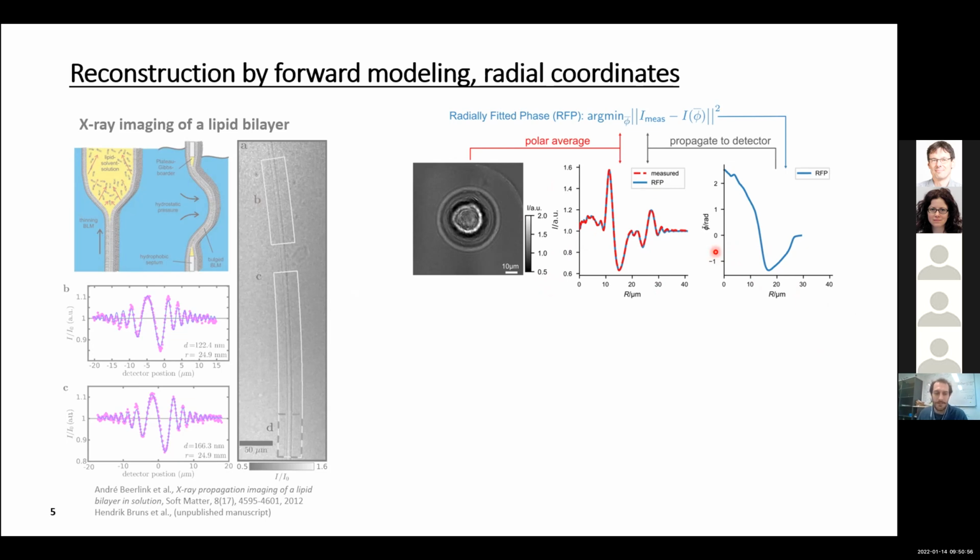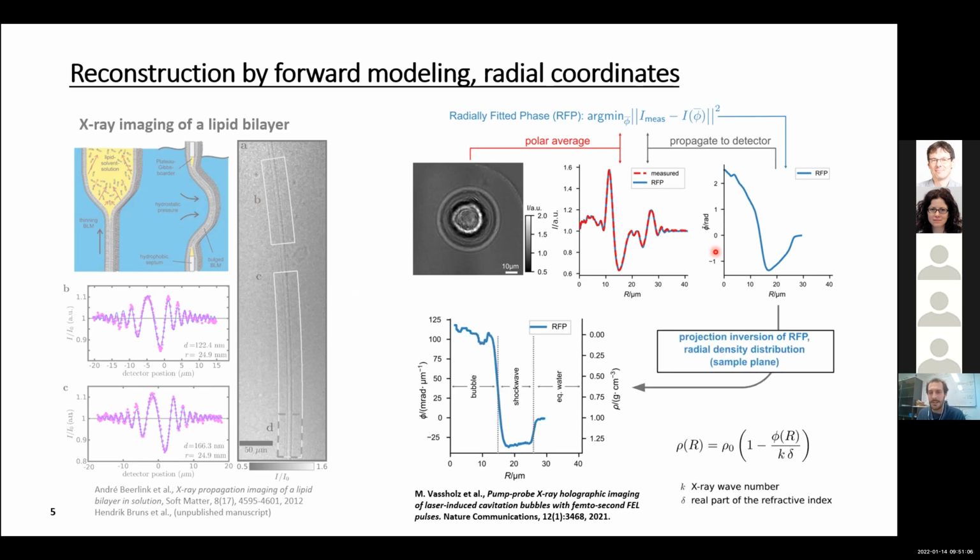We can do a next step here by again using the spherical symmetry, or at least elliptical symmetry of our cavitation events, and perform a projection inversion step. And by that, we can really retrieve the 3D radial phase profile, which is also, again, anti-proportional to the density profile.